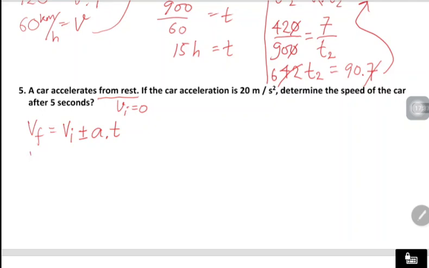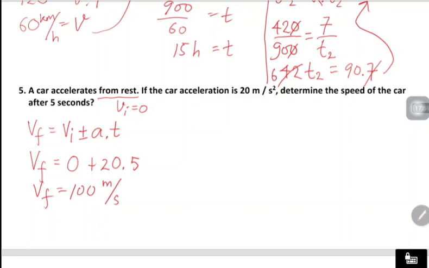We calculate the final velocity: initial velocity is 0 plus 20 times 5 seconds, so the final velocity is 100 meters per second.